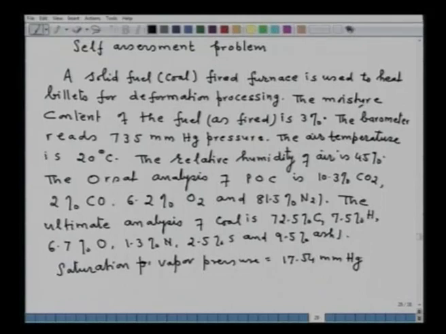That means the air at most can contain 17.54 millimeter mercury pressure of moisture.